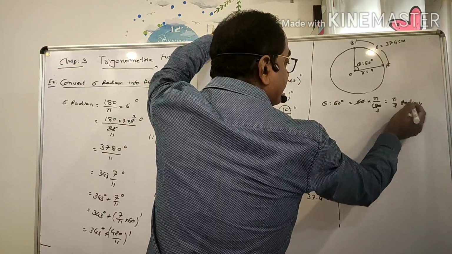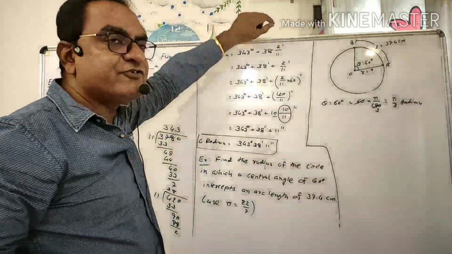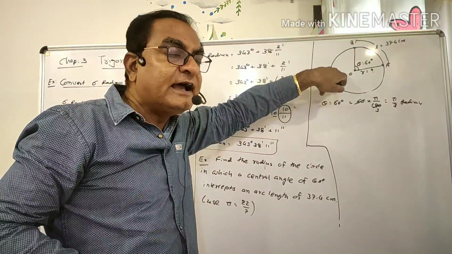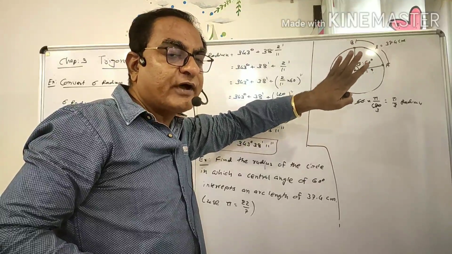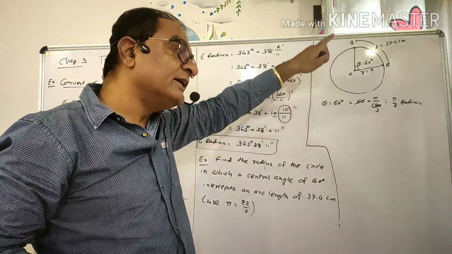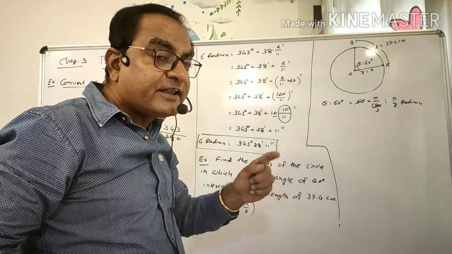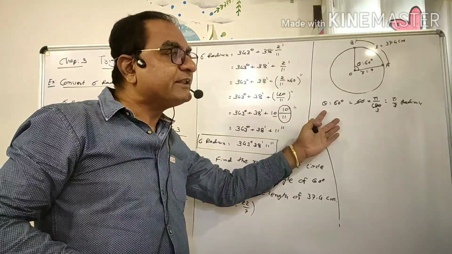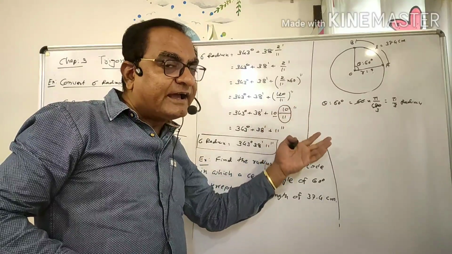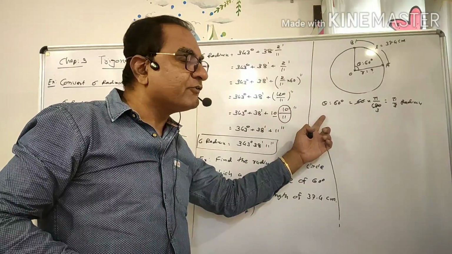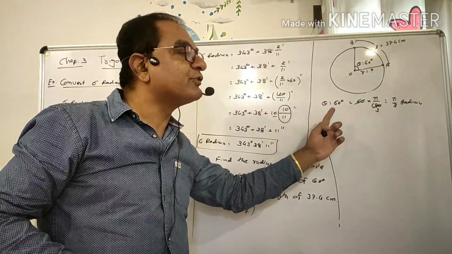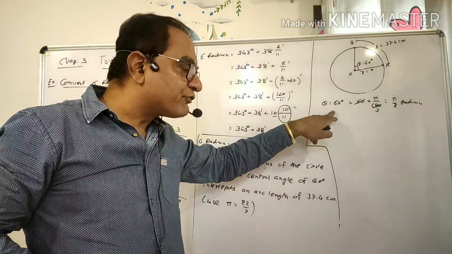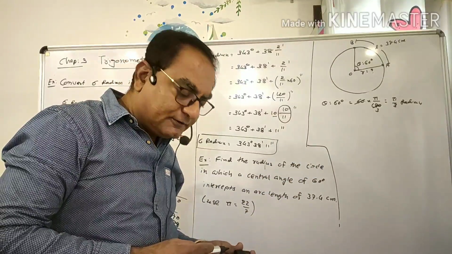The reason for doing this is that the relation theta equals L by R is valid if and only if theta is in terms of radians. Here the angle is given in degrees, so I first convert this into radians. 60 degrees is a common angle.